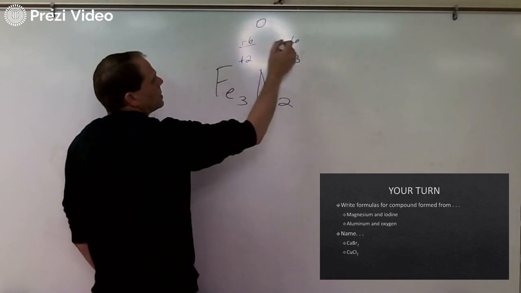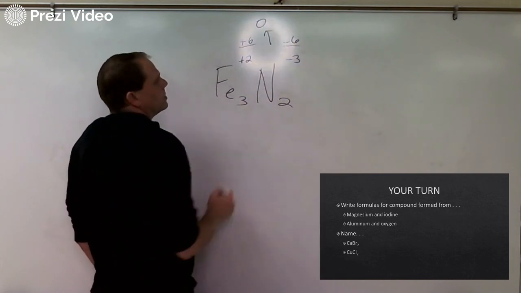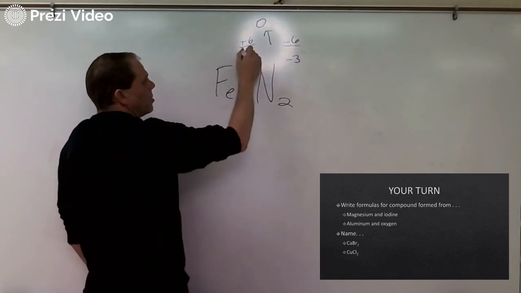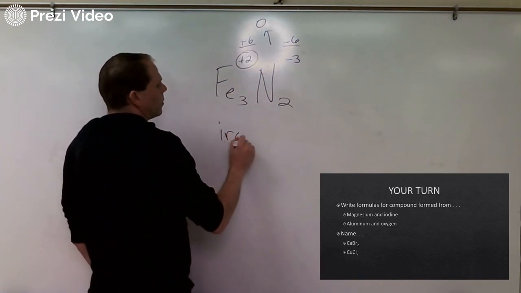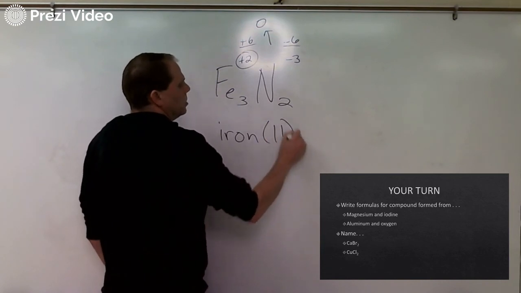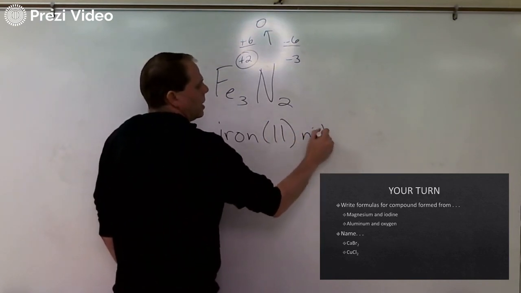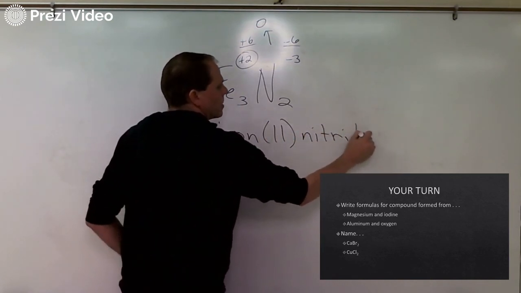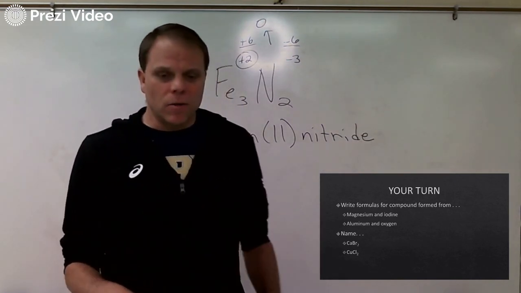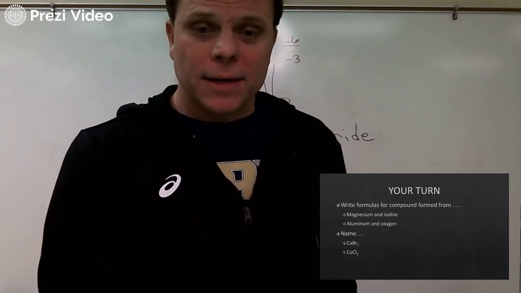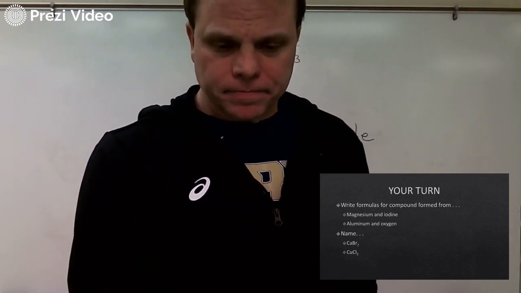And that way my +6 and my -6 are going to be equal to 0. So I now know my charge of iron is iron 2 plus, and so I'd say, oh, well, this is iron 2 nitride. See how that works? Okay, so that's how we go through and we name these compounds.